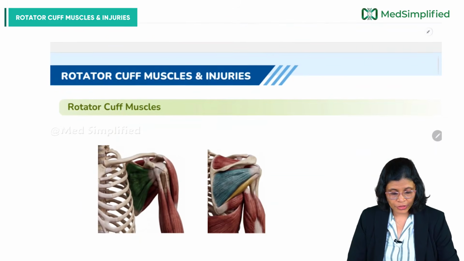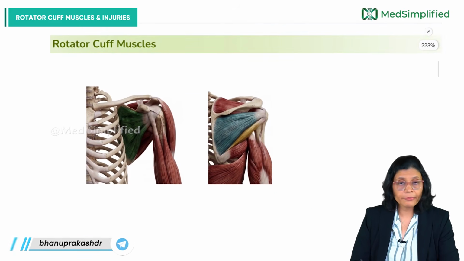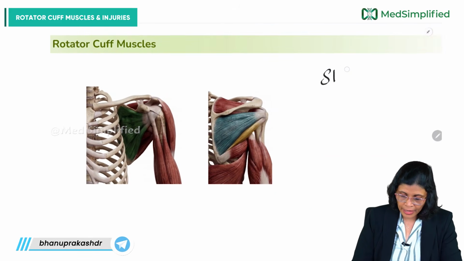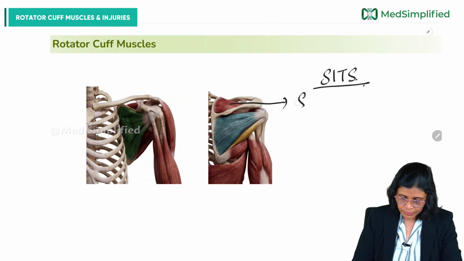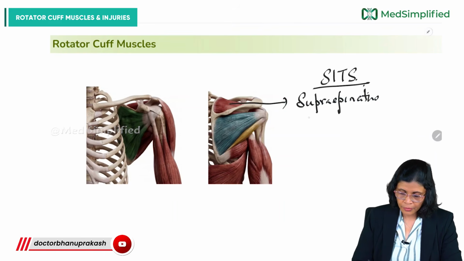So let's see which muscles form the rotator cuff. To remember the rotator cuff muscles, we have the mnemonic SITS commonly. S is for the supraspinatus, which we see on the dorsal aspect of the scapula.